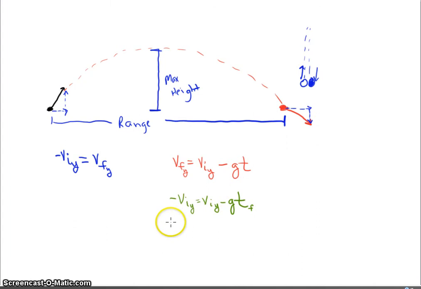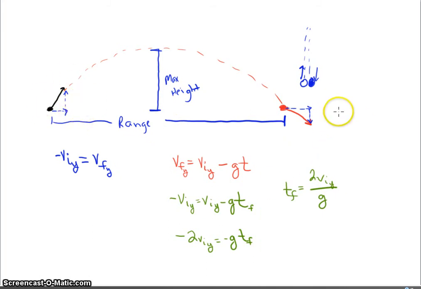Now, if I do some rearranging here, I'd add v_iy to both sides and I get negative 2 v_iy equals negative g t_f. So I'm solving this for the time of flight. I can figure out that the time of flight is equal to 2 v_iy over the acceleration due to gravity. Now, that's all well and good, but I have a vector here that's not in the y direction.